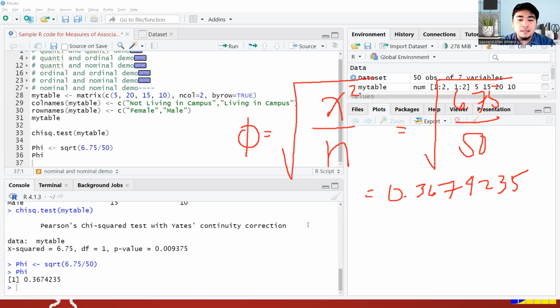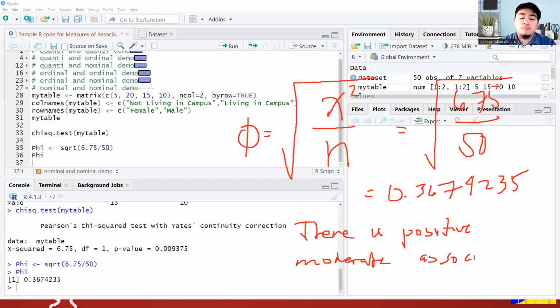So, there is a positive, moderate association between kung saan nakatira and sex. Okay, between the two variables. So yun po yung phi. Ito po yung chi-square based.